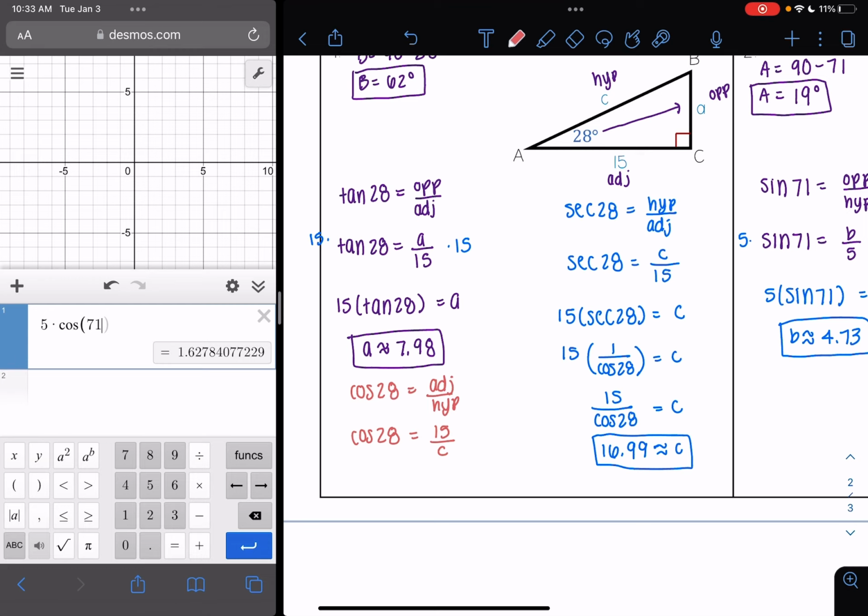I have my 15 on top, so I can't just multiply 15 on both sides to get what my C value is. So I would instead want to cross multiply. So I do C times cosine of 28 is equal to 1 times 15. So in other words, C is equal to 15 divided by cosine of 28, which is exactly what we have over here. So either way, you'll end up at that same answer.